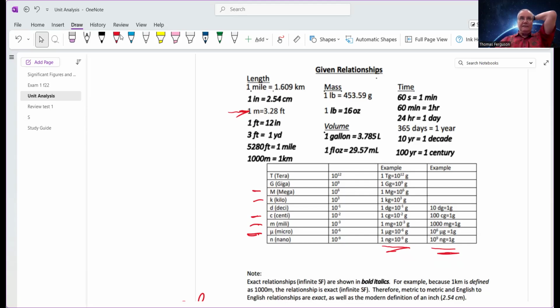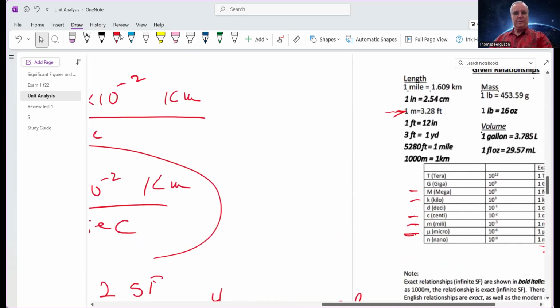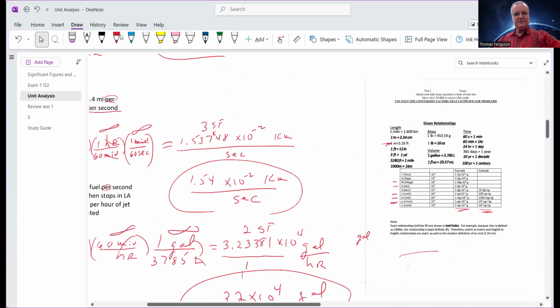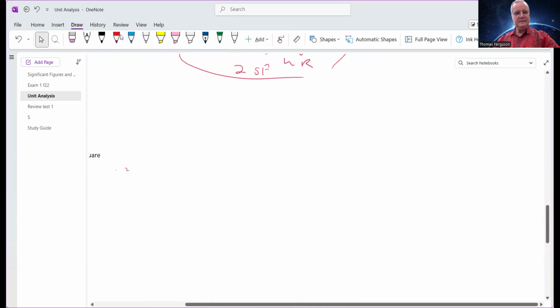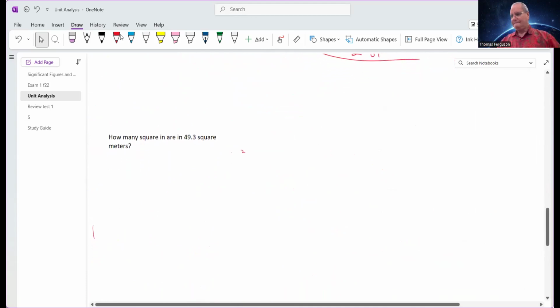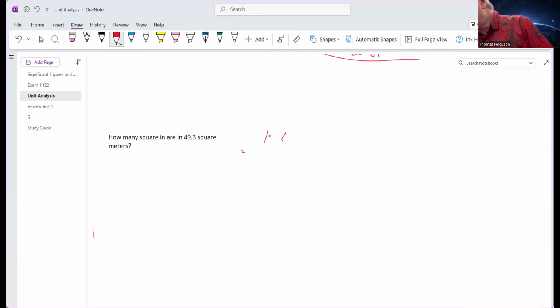Okay, so we need to figure out how to do conversion from linear to square or from linear to cubic. So we're going to invoke some laws. Let's do feet. So 12 inches equals 1 foot.